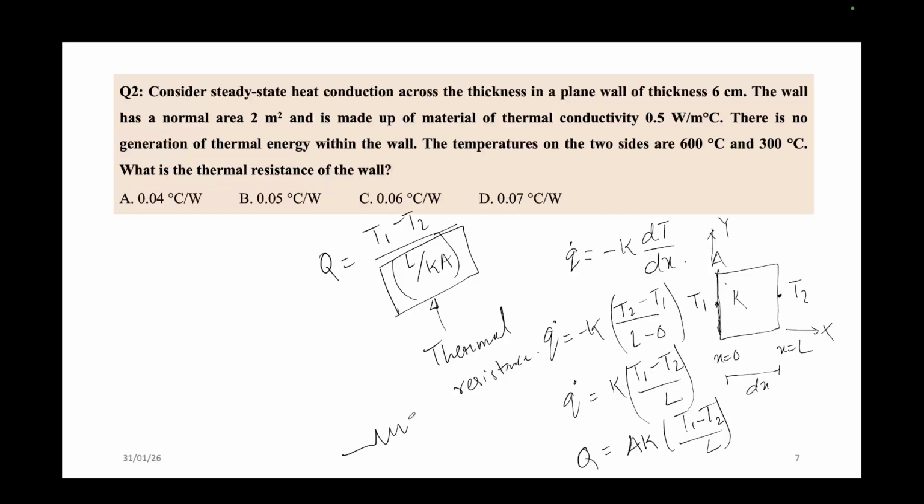If I draw this, here there is T1, here there is T2. The resistance is L by kA, and heat flows from high temperature to low temperature, Q. So that is our analog circuit. Based on this concept, try to find this one and let me know. I am giving you 2 minutes.